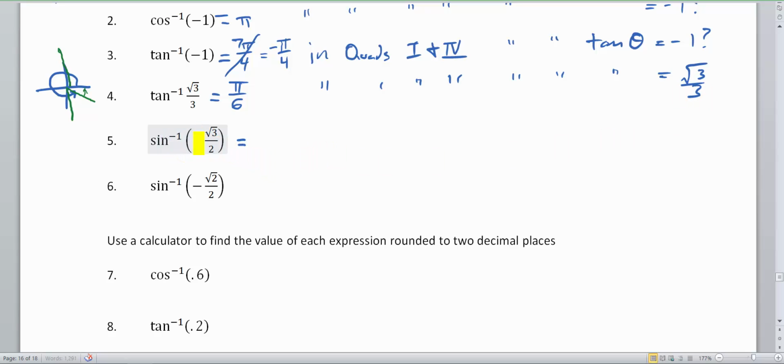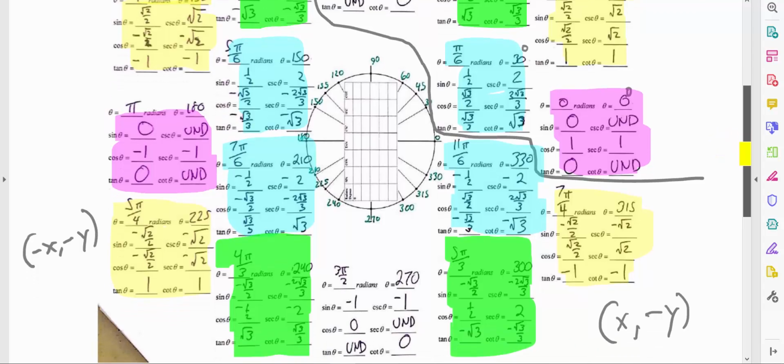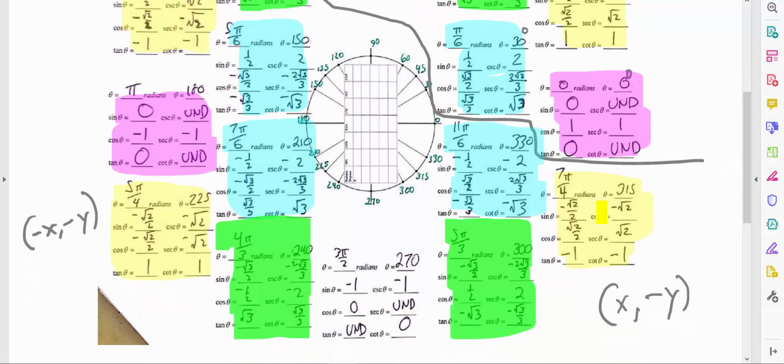Where is the inverse sine of negative square root of 3 over 2? Okay, so let's look in the 4th quadrant, since we can only look for sine in the 1st and 4th quadrants. Negative square root of 3 over 2, inverse, so we're looking for sine. Okay, here we go. We have it at 5 pi over 3.